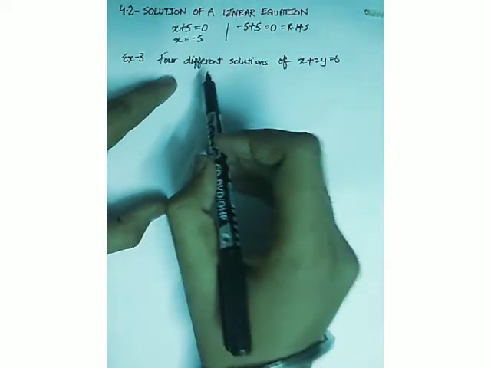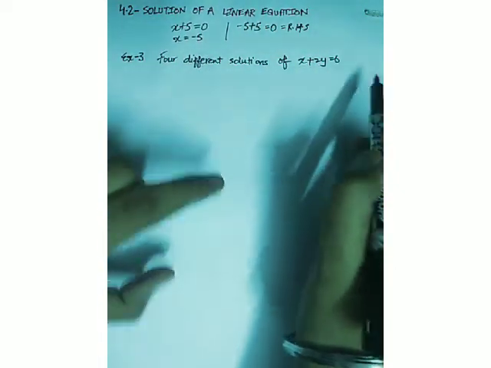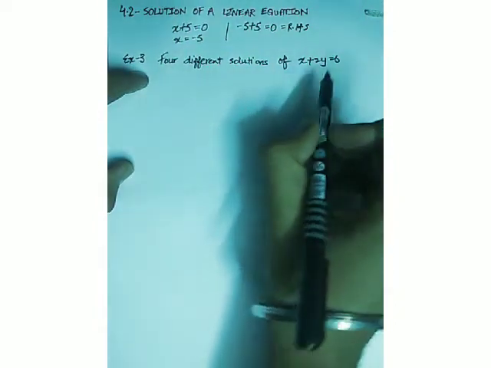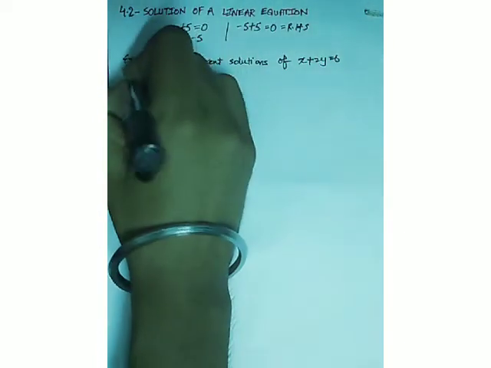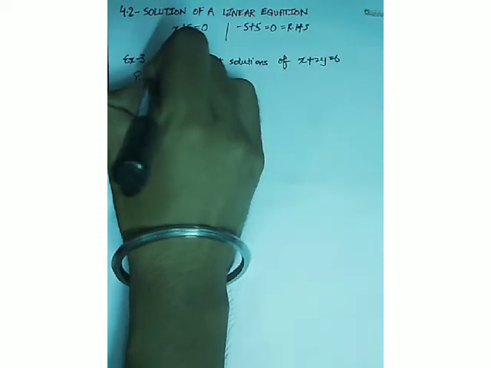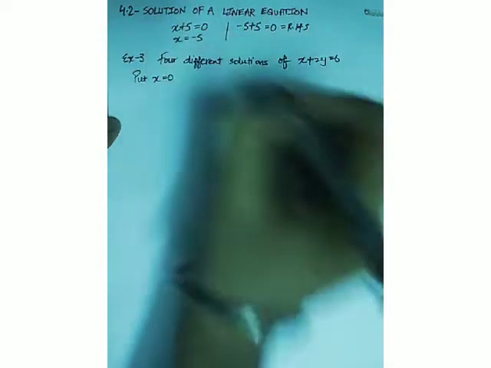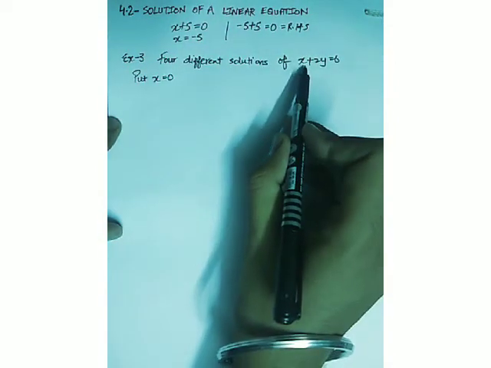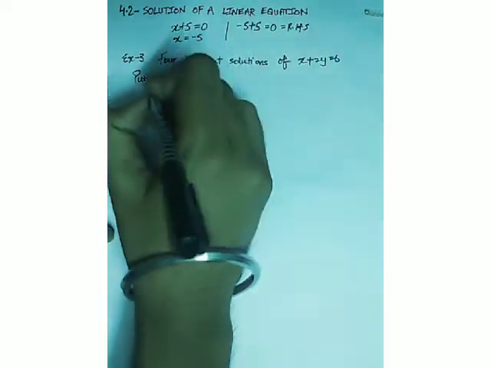Now, in simple words, we have to find 4 different values of x and 4 different values of y. Clear? First of all, when you have to find solution of any linear equation, just use 0. Firstly, for the first solution, put x is equals to 0. When you put x is equals to 0, what will you get?